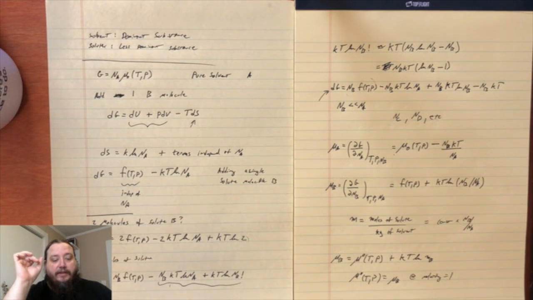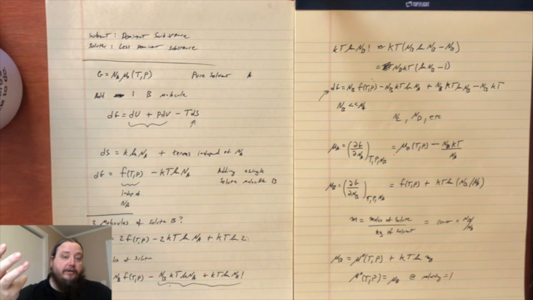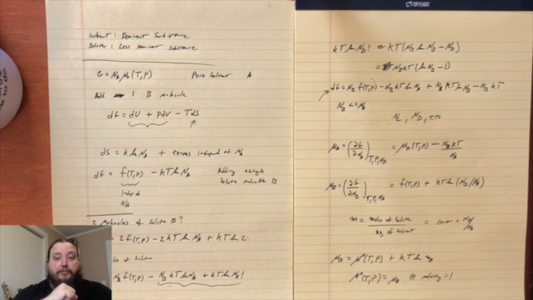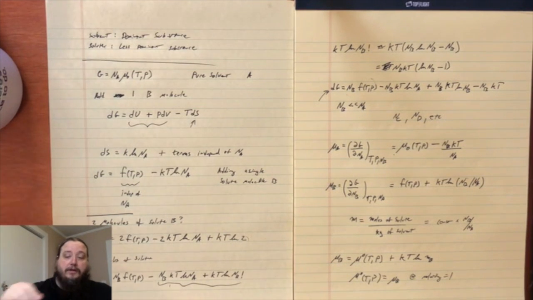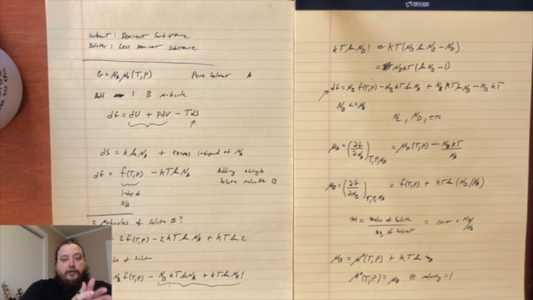So since the chemical potential of our solvent is lower in the solution than it is in the pure form, and since the system wants to minimize its Gibbs free energy, therefore particles will tend to drift towards lower chemical potential.